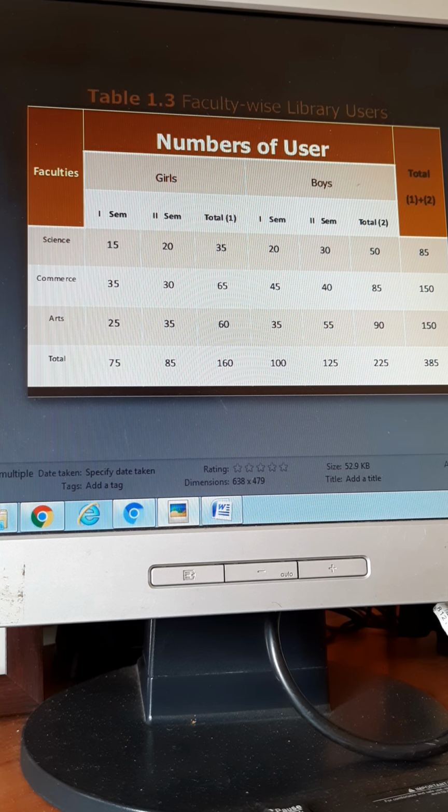So this is data preparation. What happens after you have collected the data from the field using a good sampling technique? You have to do data editing and then data validation, and then you have to classify the data. What are the various ways in which you will classify the data depending on your objectives of study?